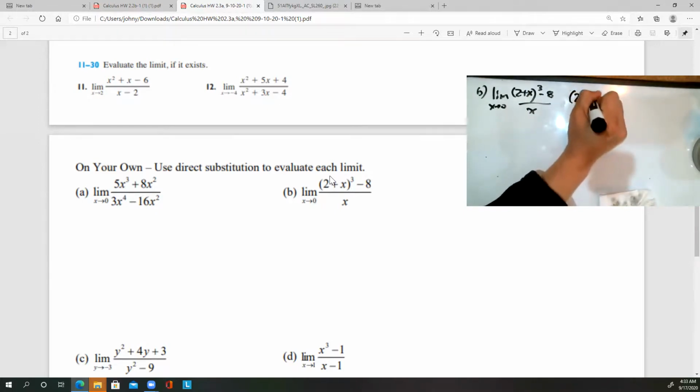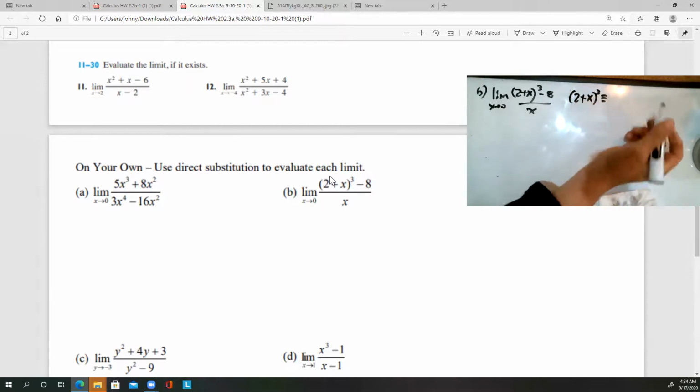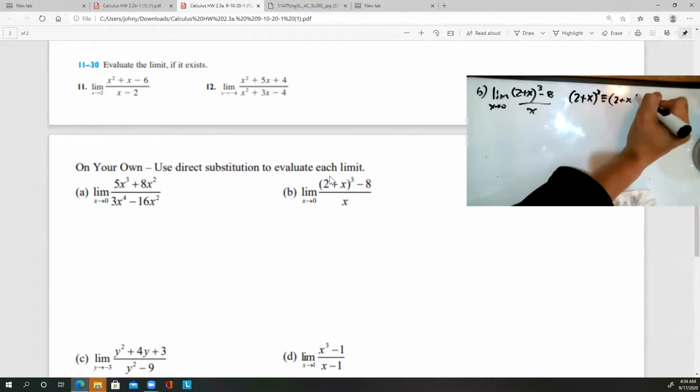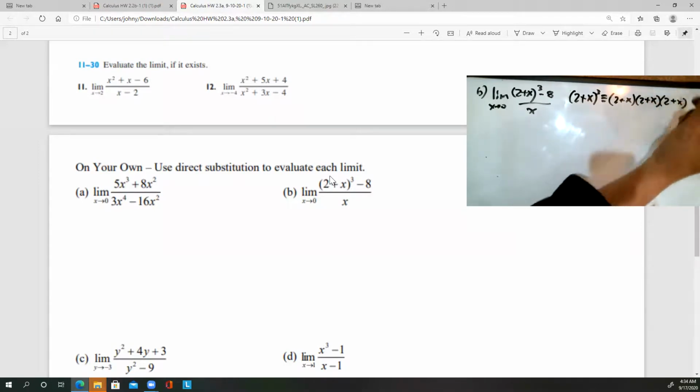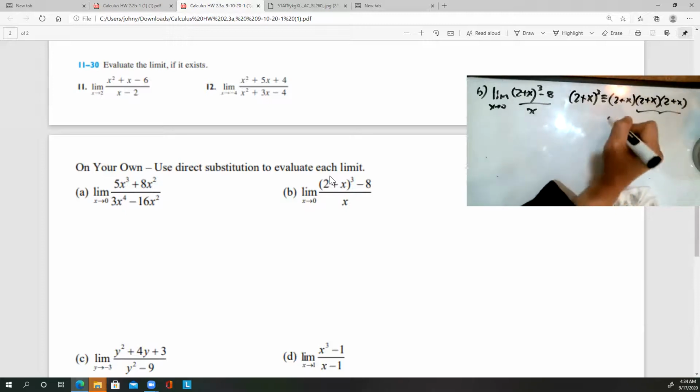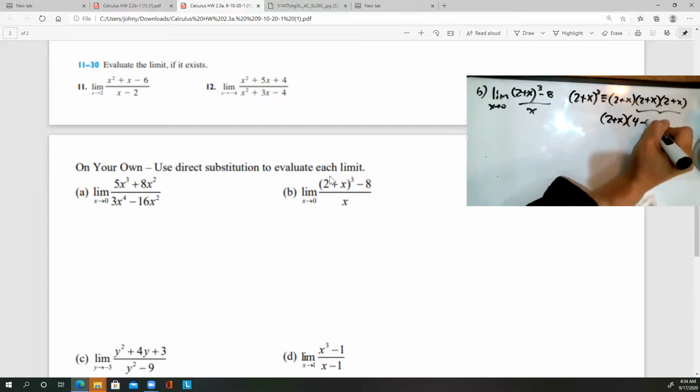(2 plus x) cubed, by definition, means 2 plus x times 2 plus x times 2 plus x. I'm going to multiply 2 plus x out first. 2 plus x times, if I distribute this, I get 4 plus 4x plus x squared. Remember, I had to FOIL this out. I distribute 2 to the 4, you get 8, 2 times 4x is 8x, 2 times x squared is 2x squared.